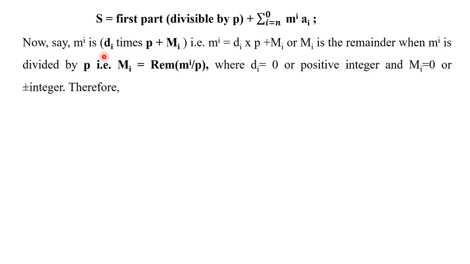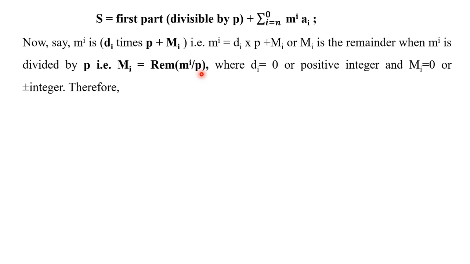That means m to the power i can be thought of as d_i times p plus m_i. So m_i is the remainder when m to the power i is divided by p. So we are defining clearly what m_i is: the remainder when m to the power i is divided by p.